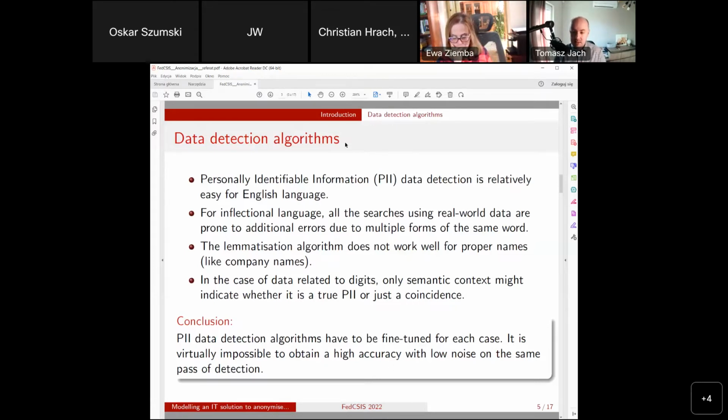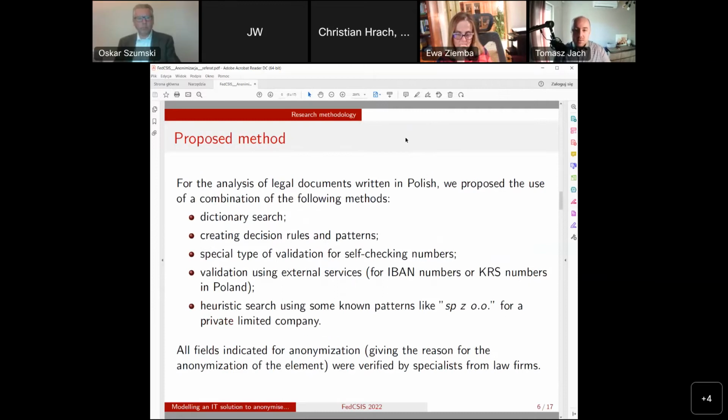Only the semantic context might indicate whether we should anonymize that number or whether it is benign, for instance some currency or money amount. The proposed method was put together from 5 different types of searches, or 5 different types of algorithms.